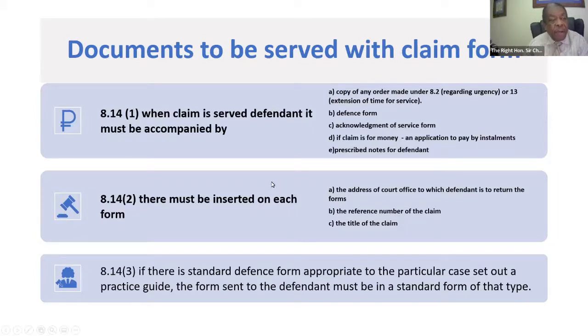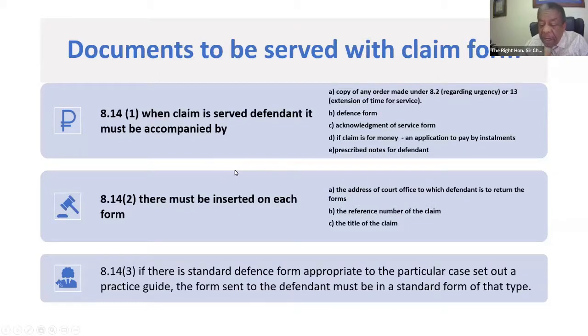When a claim is served, it must be accompanied by a copy of any order made regarding urgency or extension of time for service, a defense form, the acknowledgement of service form, and if the claim is for money, the application form for a defendant who admits liability to pay by installments.